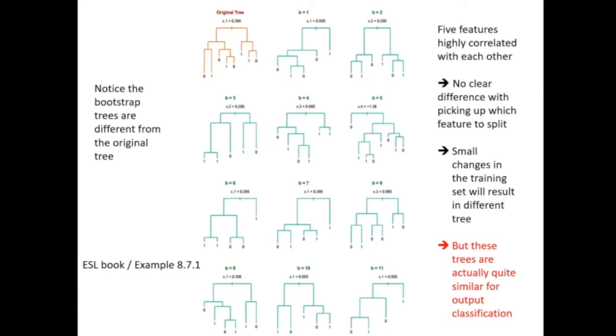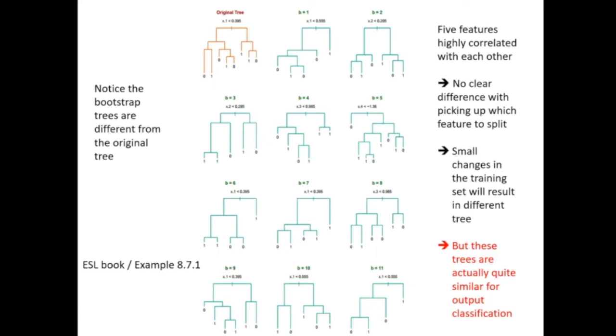And because there's high correlation among X1, X2, X3, X5, when you have just some randomness in your training data, it's very difficult for your classifier to pick which feature is the top feature, and then the next feature, and then the third feature. When should I stop? What's the depth? When should I prune the tree? How should I prune the tree? So this creates a lot of different kinds of trees. They look quite different from each other.